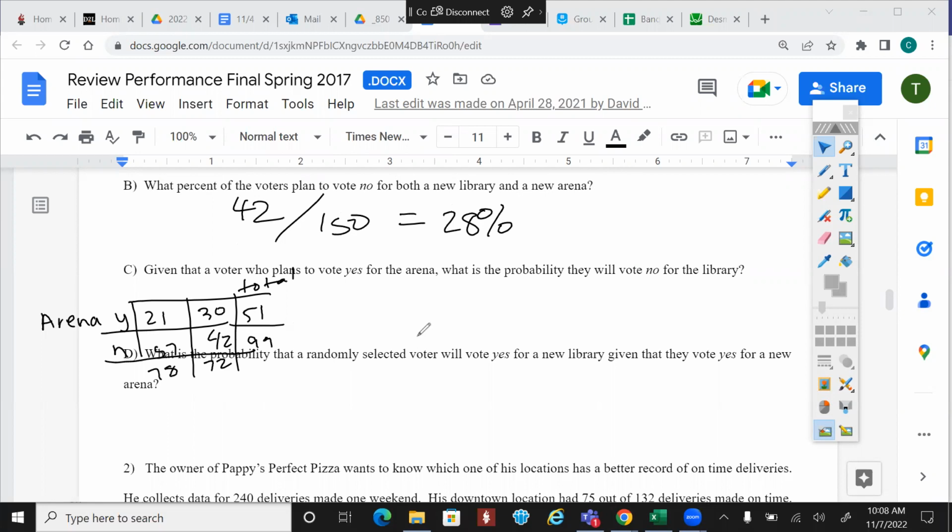Okay. On part C, it says, given that a voter plans to vote yes for the arena, out of the 51, how many will vote no for the library? So out of the people who vote yes for the arena, how many are going to vote no for the library? 30.